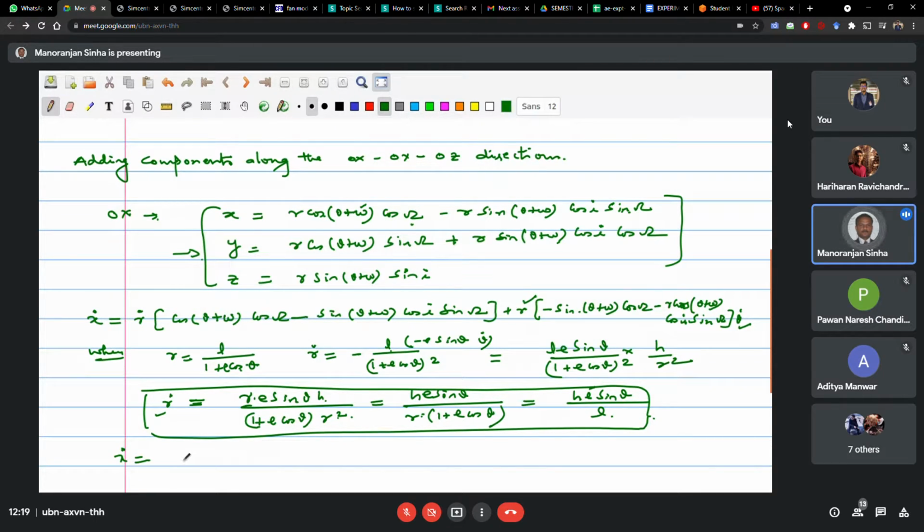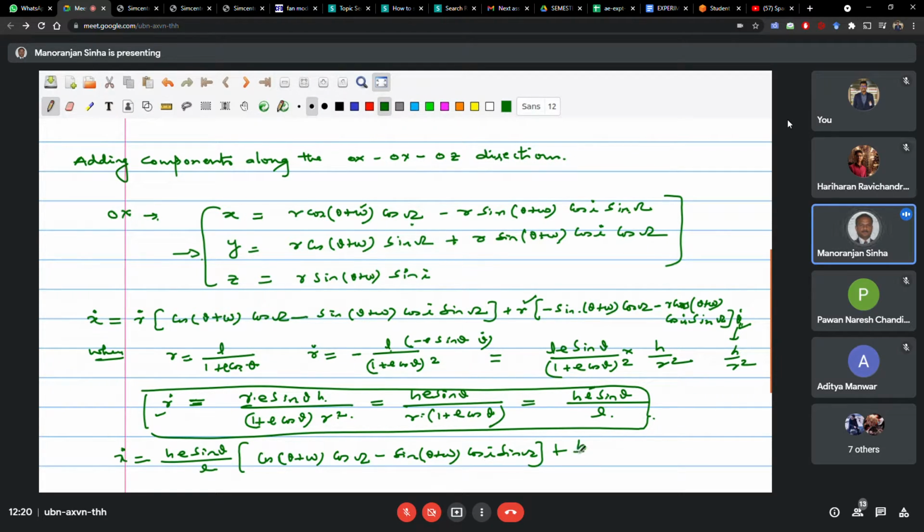So we can summarize x dot as h sin theta divided by L times (theta plus omega). r we can keep it as it is instead of breaking it. So here theta dot is there, so this quantity is h by r square.